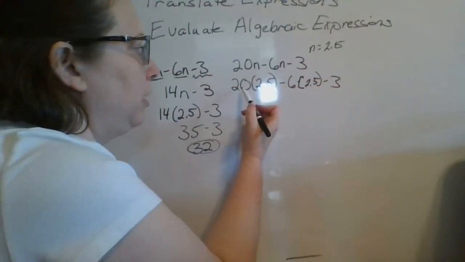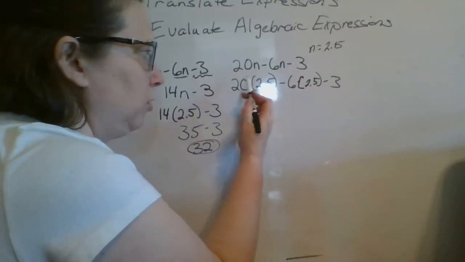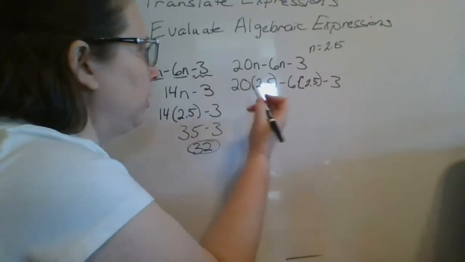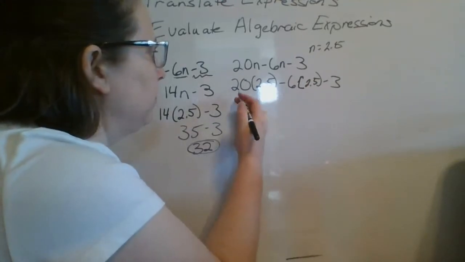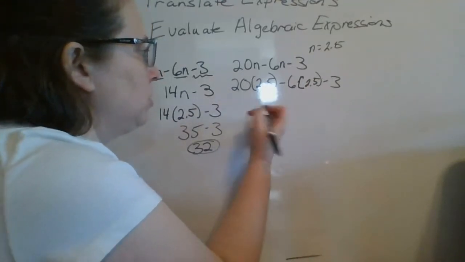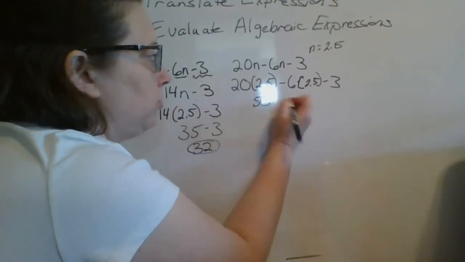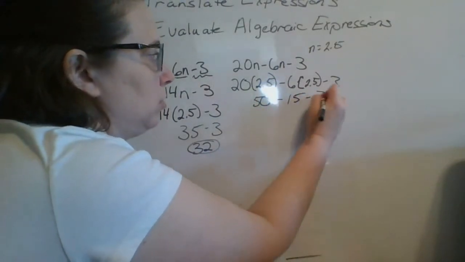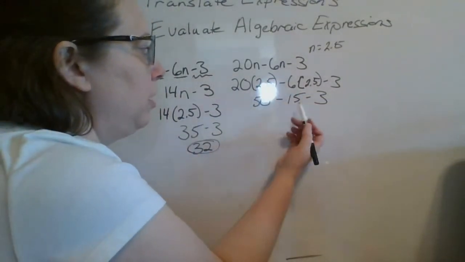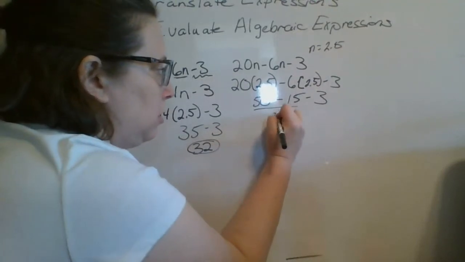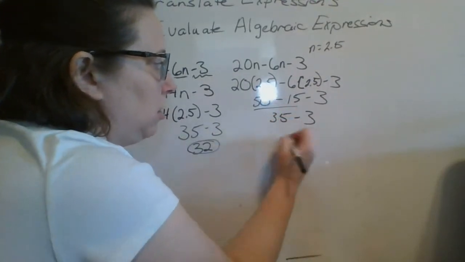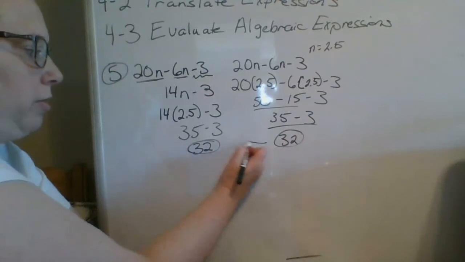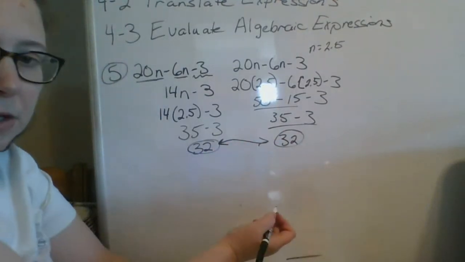So now I am going to multiply, because order of operations says we multiply before we subtract here. So we're going to multiply, and this would be 50 minus 15 minus 3. And then I would subtract and subtract. Check it out. I get the same answer.